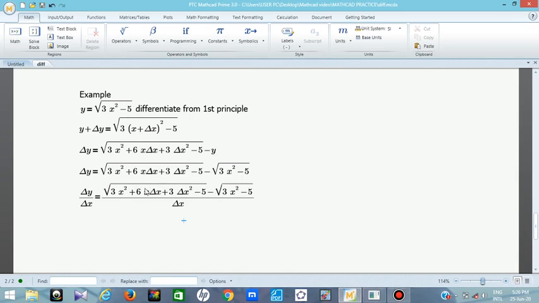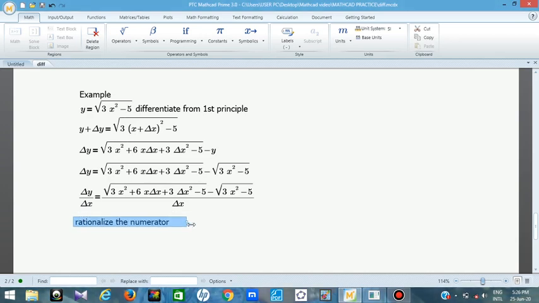It's only by rationalizing the numerator that we can simplify this further. Remember, in SOLD we usually rationalize the denominator, but in first principle, when you are finding first principle of a square root, always rationalize the numerator. It's very, very important, so take note of that.